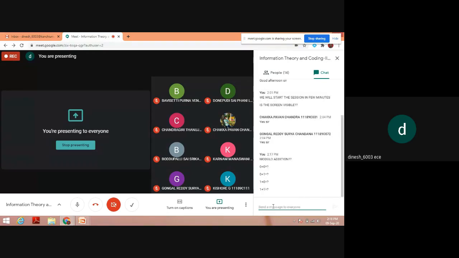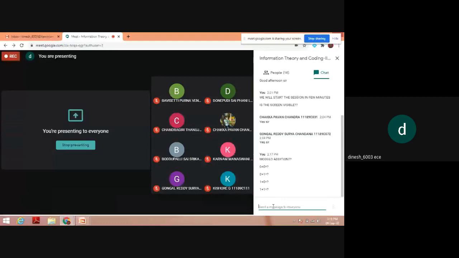If anybody is familiar with modulo 2 addition, can give me the answers for this, either in the chat box, or you can unmute and say. 0 plus 0 in modulo addition.